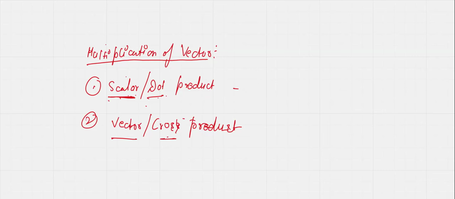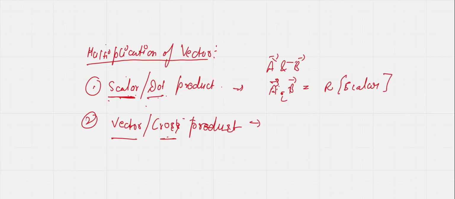If you are given a and b vectors, it is written as a dot b. Whenever you see a dot between a and b, it means you are going to do the dot product, and here the result is just a magnitude, a scalar quantity. In the cross product, a cross b, you can see this is a cross.